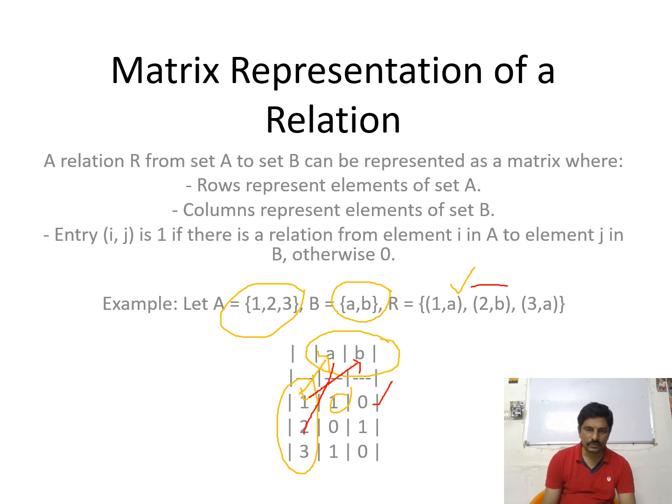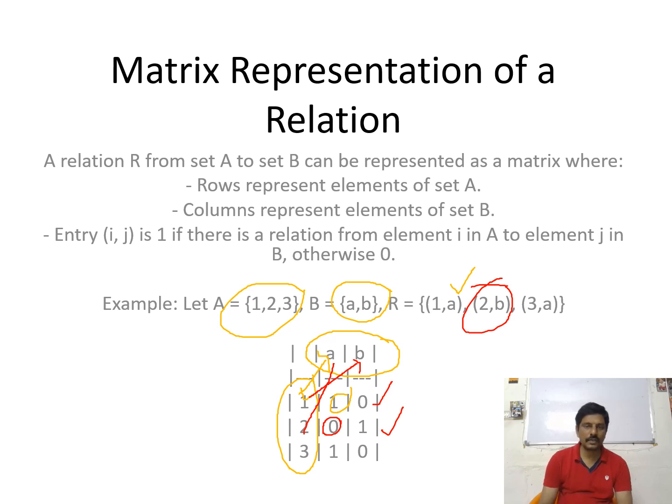No, so it is 0. 2 to b? Yes, it exists in the relation, therefore we kept it as 1. 3 to a? Yes, there, therefore 1. 3 to b? No, therefore 0. So this is the way of representing the relation in matrix form.